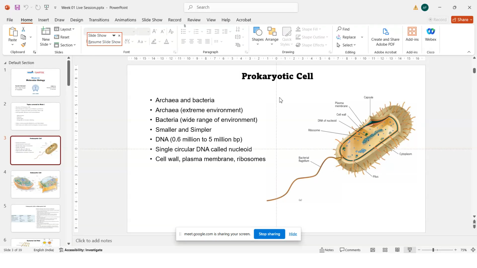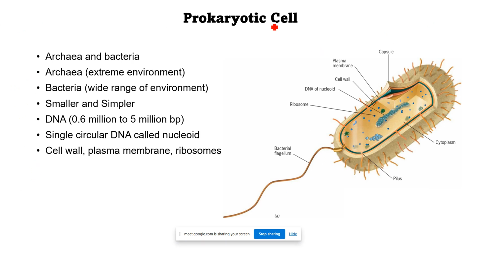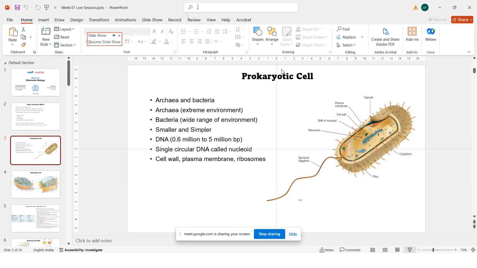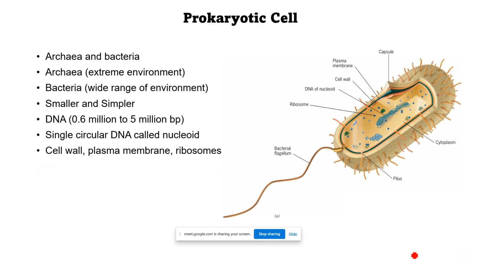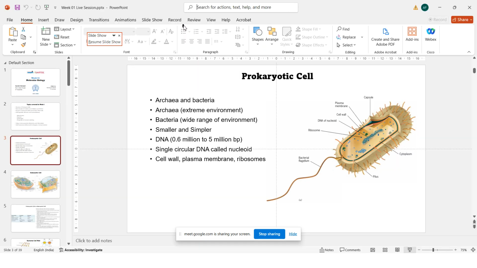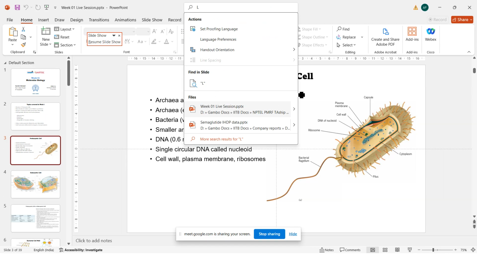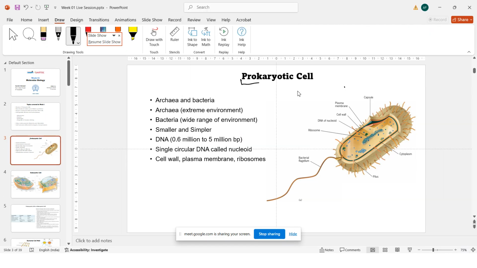So as the name suggests, prokaryotic, pro means what? The word pro means primitive, right? And karyon means nucleus.